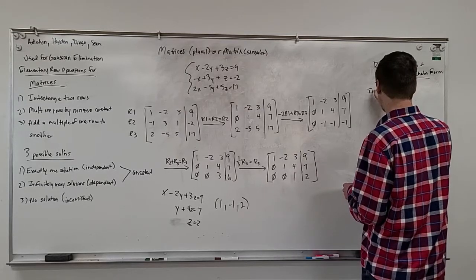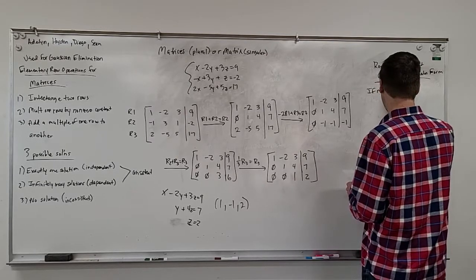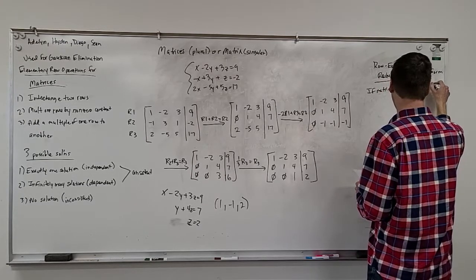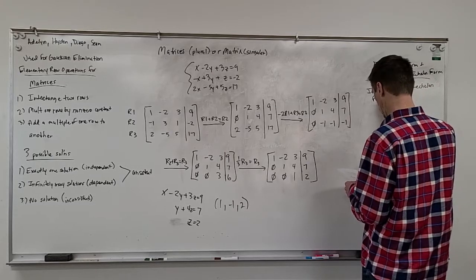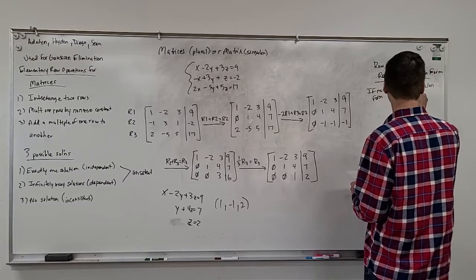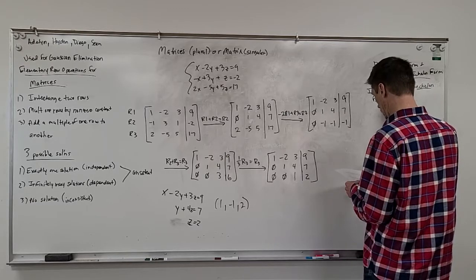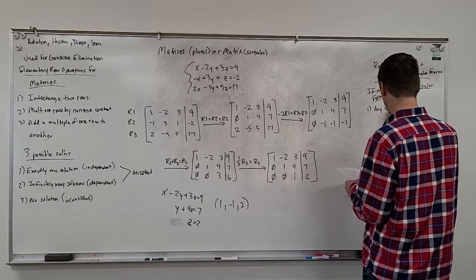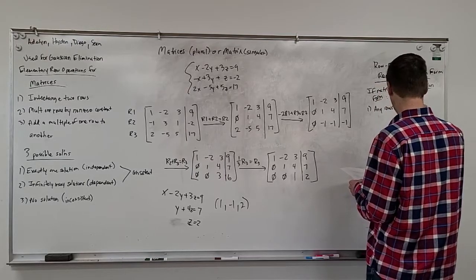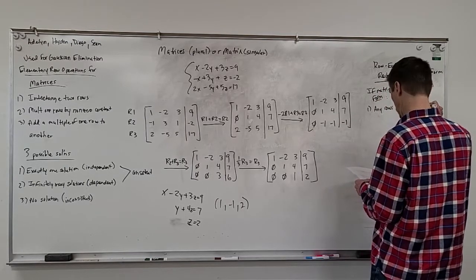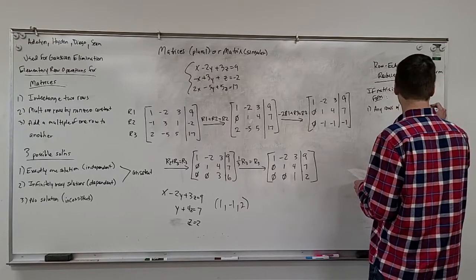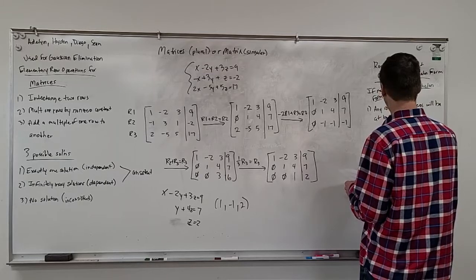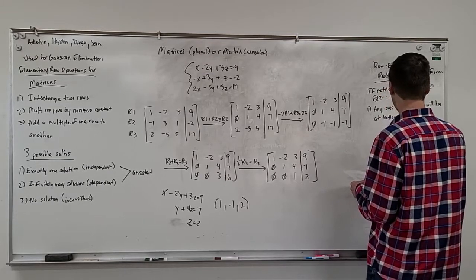If a matrix is in row echelon form, then this will be true. Any rows with only zeros will be at the bottom of the matrix.